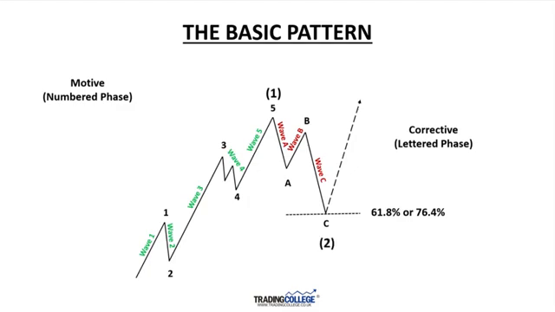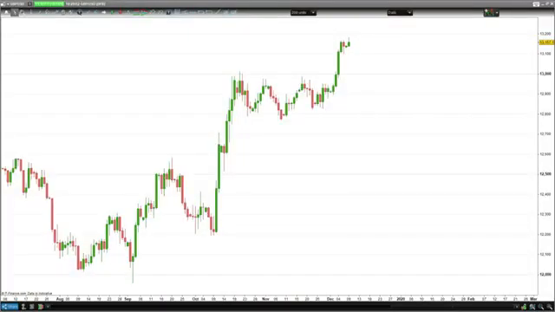And on the next slide, in fact, we've got a slide that shows you the whole pattern as a whole. But on this chart, I think you could quite easily count 5 waves up. Take the major peaks and the major lows. Don't worry about those little candlesticks in between highs and lows.